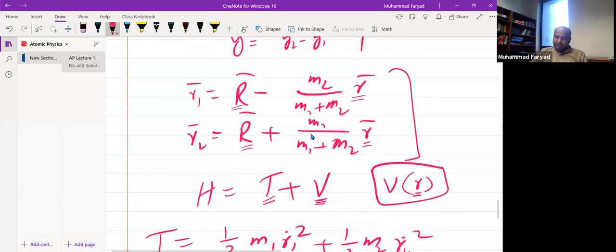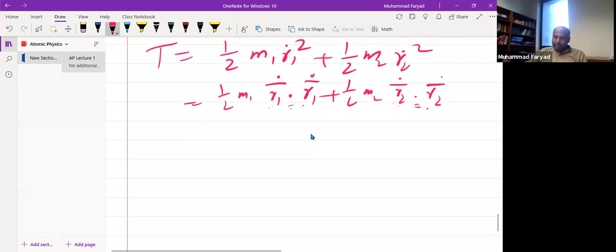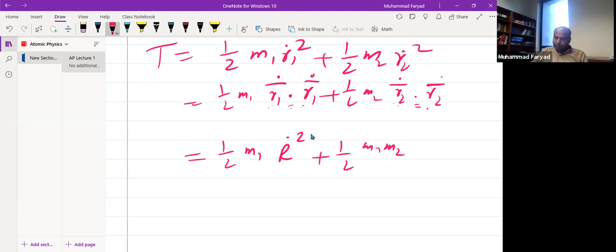So from here, if you substitute this R1 and R2 in this equation and evaluate these dot products and then rearrange the terms, you can write it like this: (m1 plus m2) over 2 times capital R dot squared, plus m1 m2 over (m1 plus m2) times r dot squared, over 2.